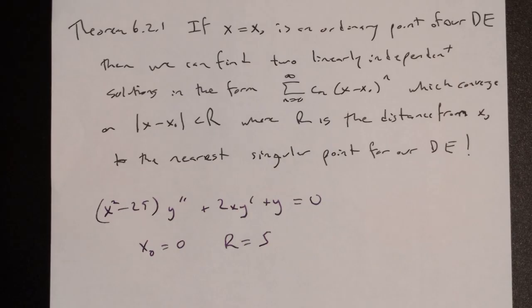But if I wanted to do this at 1, well, then my radius of convergence is 4. Even though I have more room if I go to the left singular point at -5, the nearest singular point is at +5.